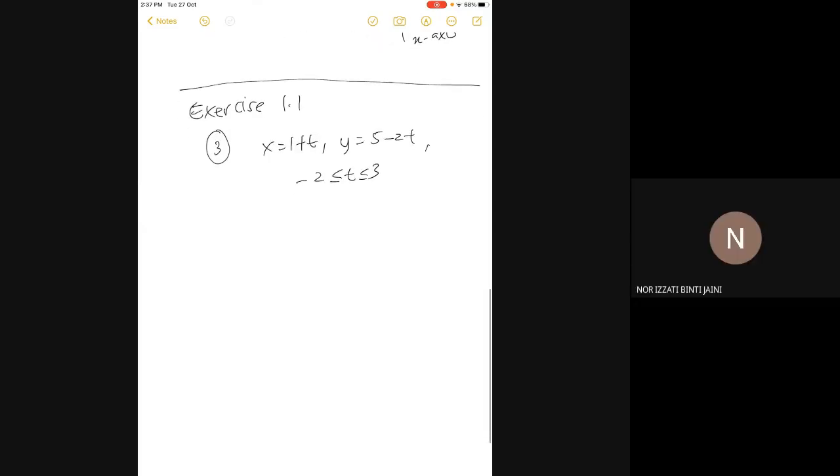Okay, so you can use any function to eliminate the parameter t. Let's say I use yang the first one lah. So t equals to x minus 1.